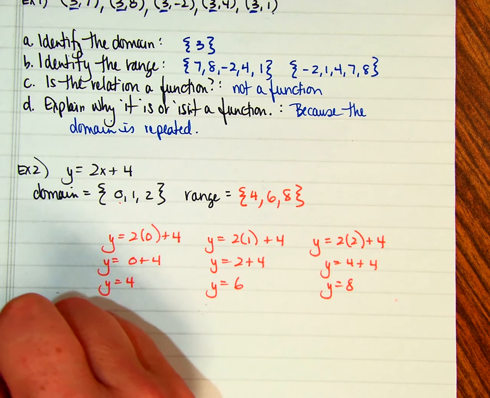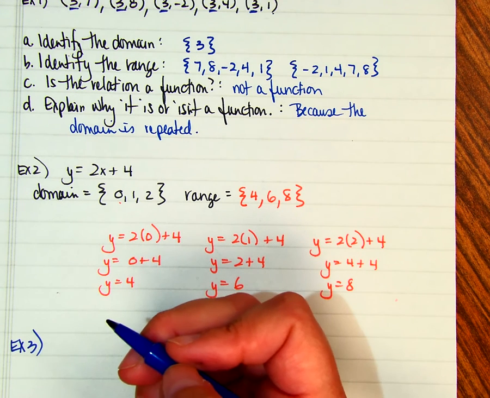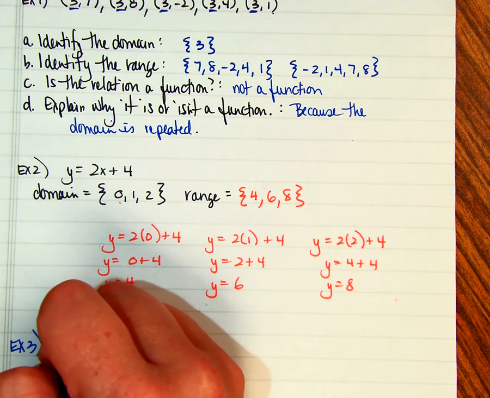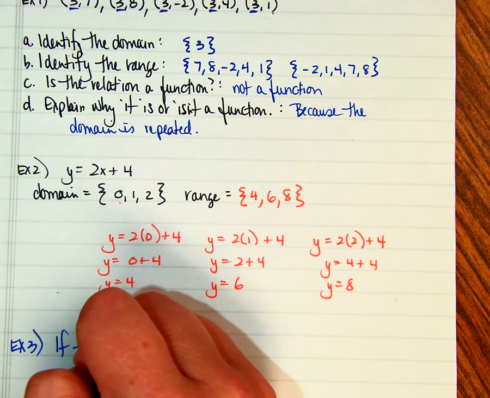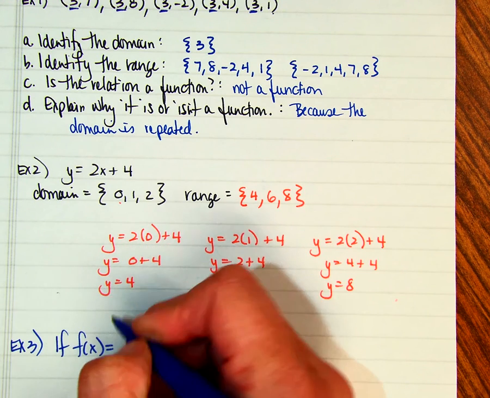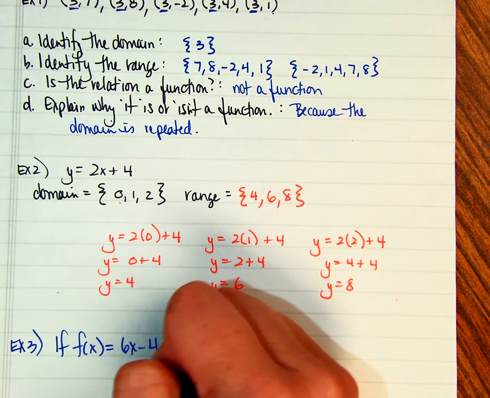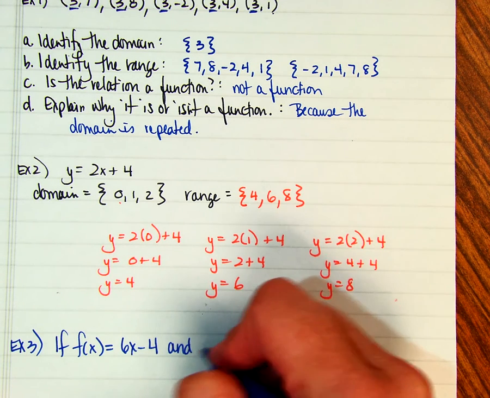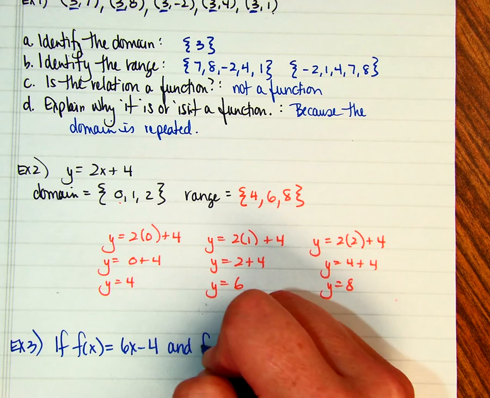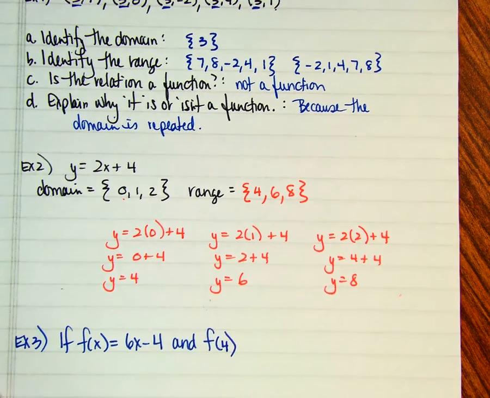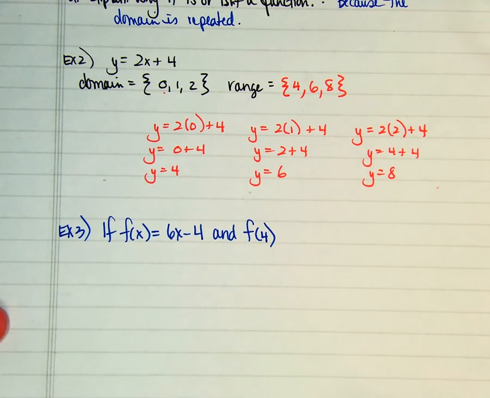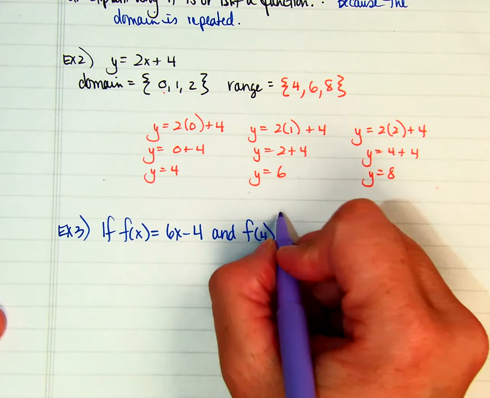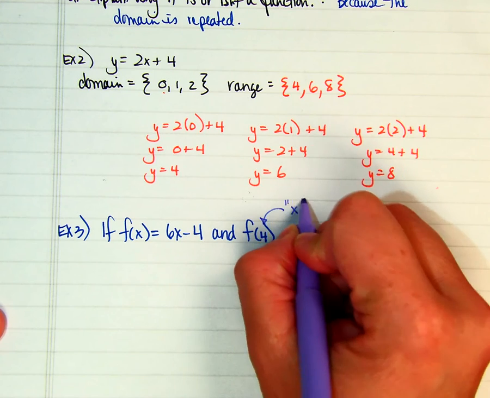Do example 3. So if f of x equals 6x minus 4, and we are given f of 4, what that means is that this value goes in for your x.